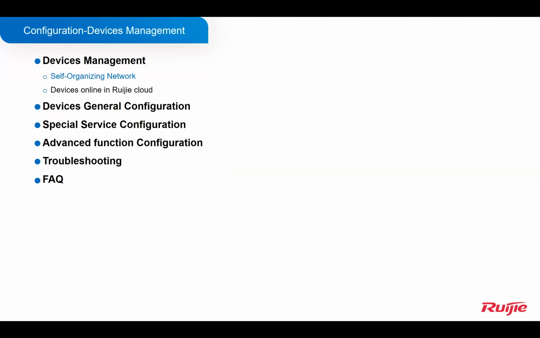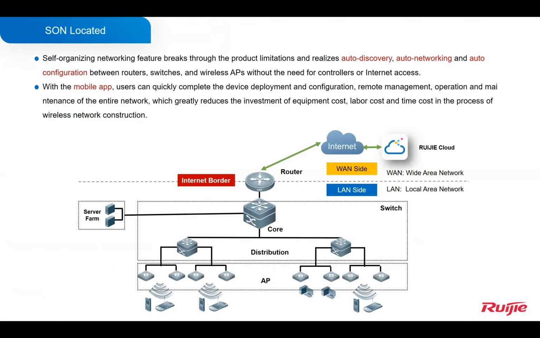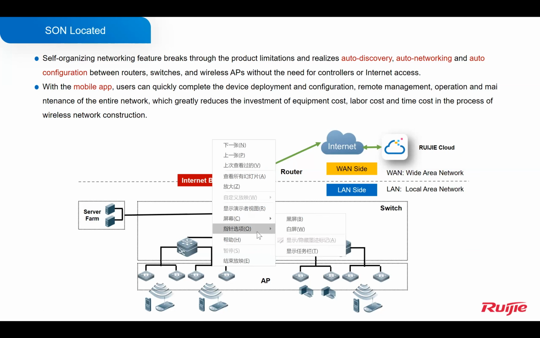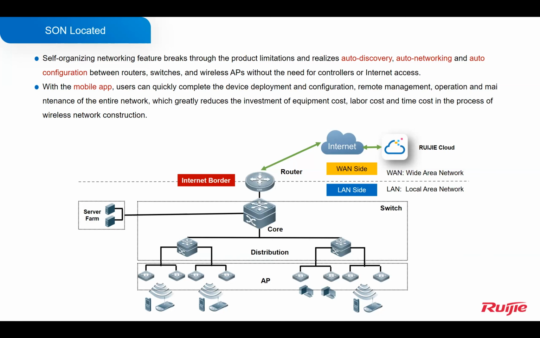let's get into the first part, which is SON. I think SON, self-organizing network, has the functions of auto discovery, auto networking, and auto configuration for our Reyee network. So here is a topology. We can see in this topology we have the routers, we have the core switch, we have the access switch, right? And also we have the AP device.